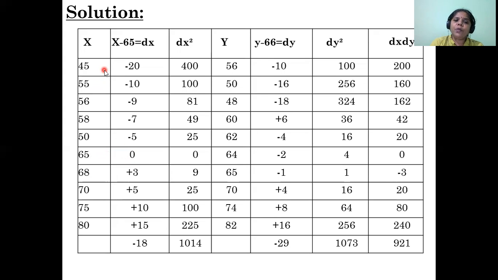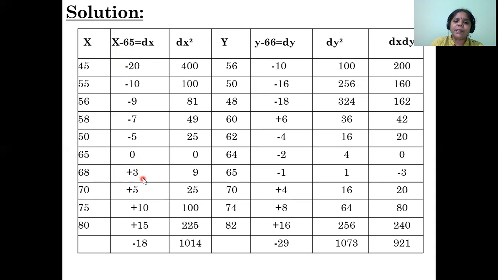Okay, for the remaining values we have to find out dx. This is the x value, 45 is the x value. Minus 65, we assumed 65 as the mean. So x minus 65 is equal to dx. So 45 minus 65 is minus 20. 55 minus 65 minus 10, 56 minus 65 minus 9, 58 minus 65 minus 7, 60 minus 65 minus 5, 65 minus 65 is 0, 68 minus 65 we get plus 3.